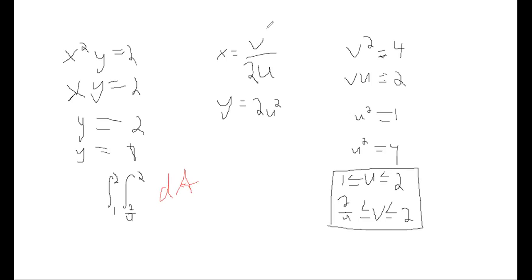This is where we have our problem, right? Because we've changed our boundaries to be in terms of u and v, but this is still in terms of x and y. So we need some way to resolve that.